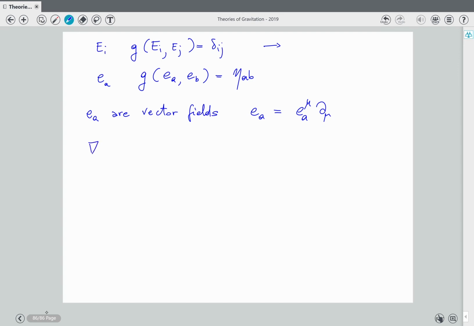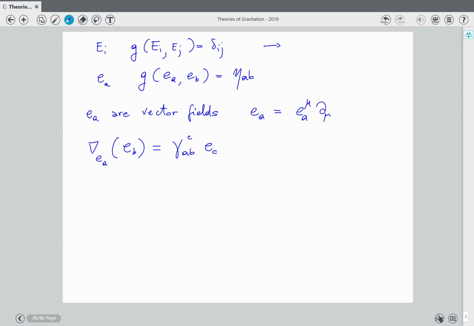Then ∇_{e_a} e_b will be some coefficients, for the moment we call them Γ_{ab}^c e_c.